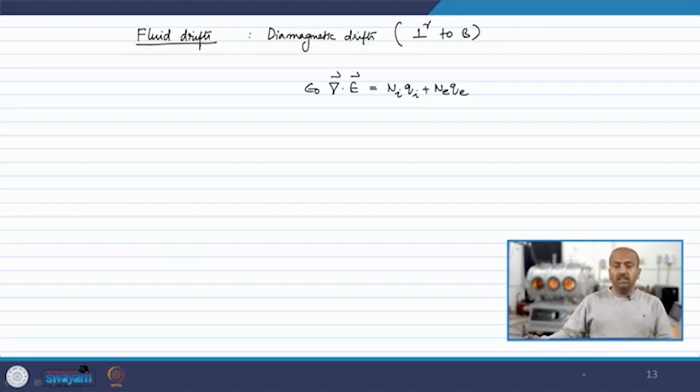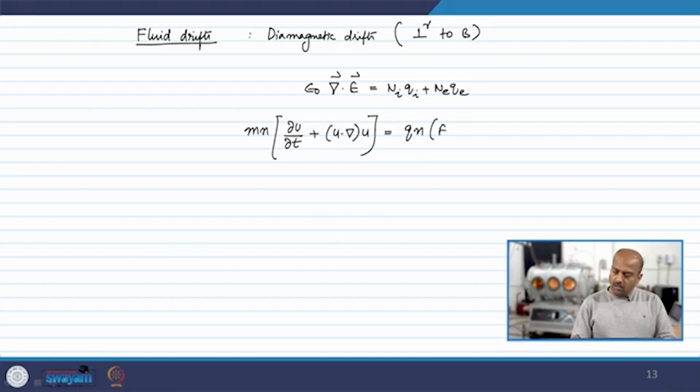We consider a collisionless plasma and the momentum equation can be written as Mn (dou U by dou T plus U dot del times U) is Qn (E plus U cross B) minus del P. So, this can be rho. N is the number of particles per unit volume and M is the mass of particles. So, this can be density.